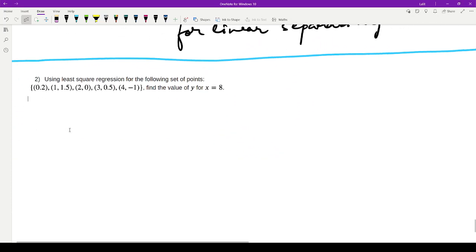Okay. So using least squares regression for the following set of points, find the value of y for x equals 8. That's how to do it. What is least squares regression?